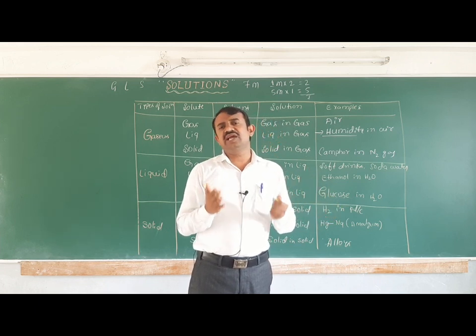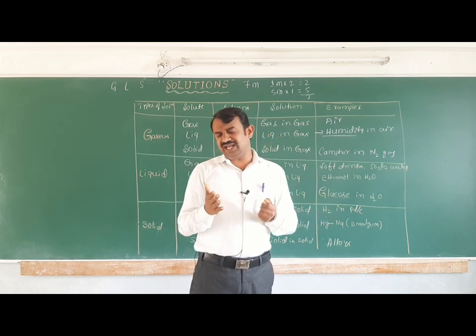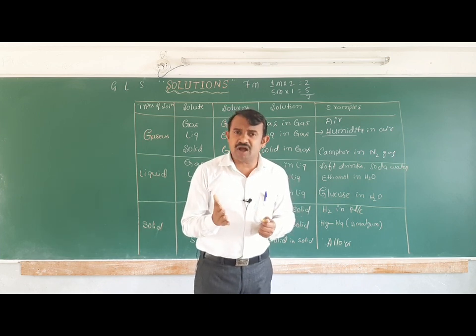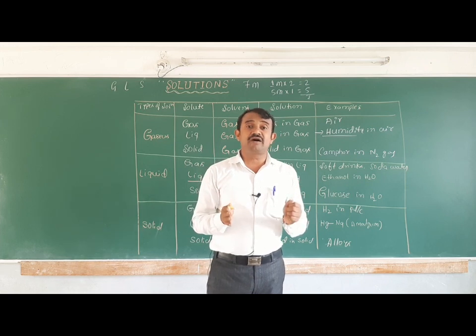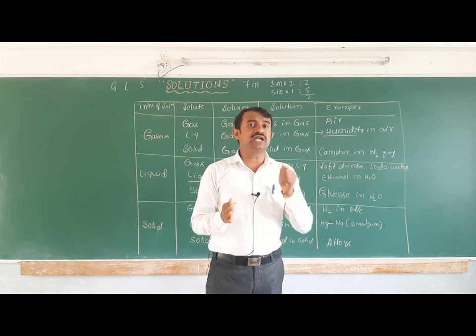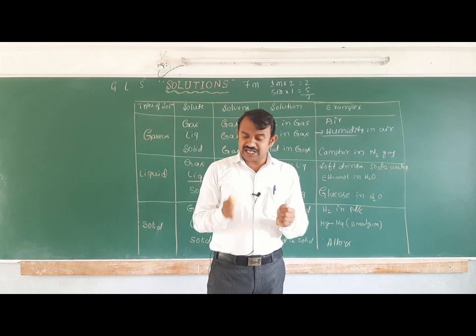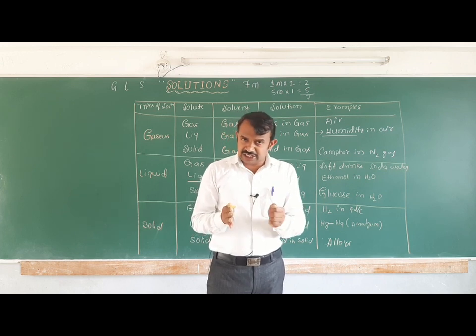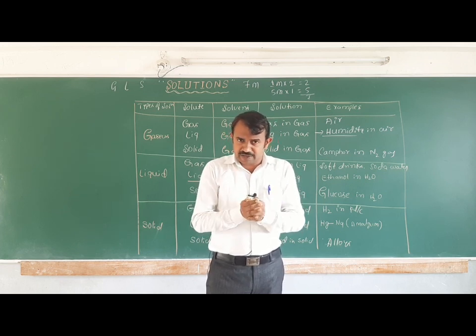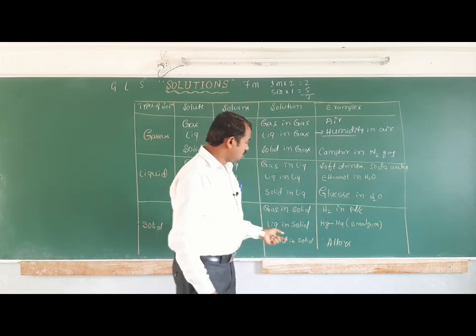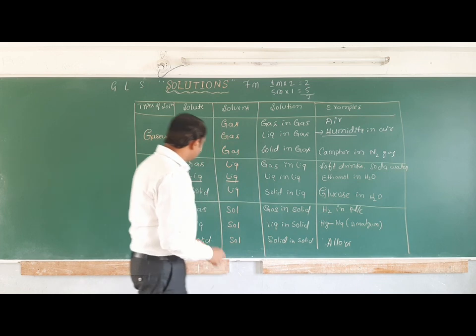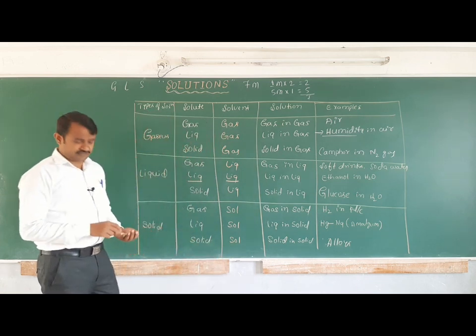Both look the same, but the tin concentration we have taken is 10 gram and the copper is 90 gram. 10 gram is a solid, 90 gram is also a solid. Solid bound with solid is a homogeneous mixture called a solid solution. Okay, these are the different types of solution.